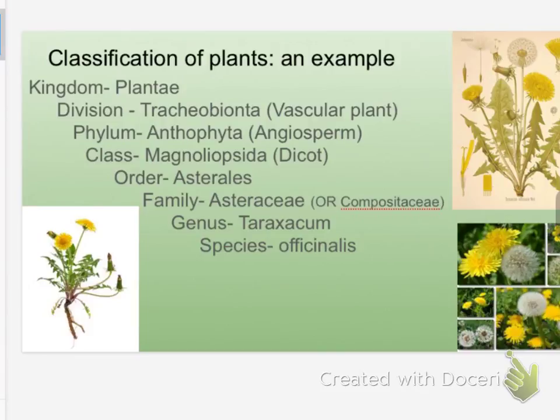It's a vascular plant. Tracheobionta. Think of trachea, like your trachea, the tube in your throat through which stuff travels. Vascular plants have tubes in their bodies through which stuff travels. It is an angiosperm, meaning it is a flowering plant. It is a dicot. Magnoliopsida.